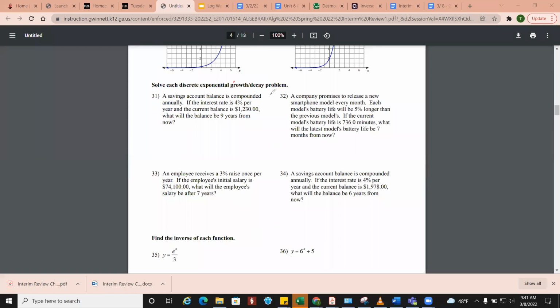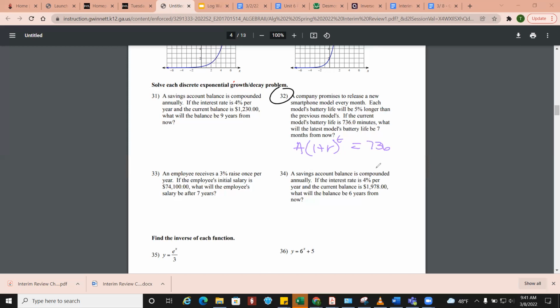Number 32. A company promises to release a new smartphone model every month. Each model's battery life will be 5% longer than the previous model's. If the current model's battery life is 736 minutes, what will be the latest model's battery life 7 months from now? Okay, so I'm going to use the a times 1 plus r raised to the t. You're actually going to use that for all 4 of these. Your initial amount is 736.